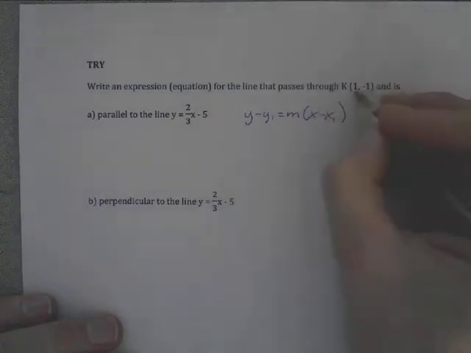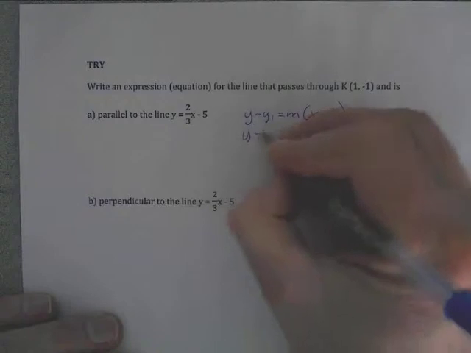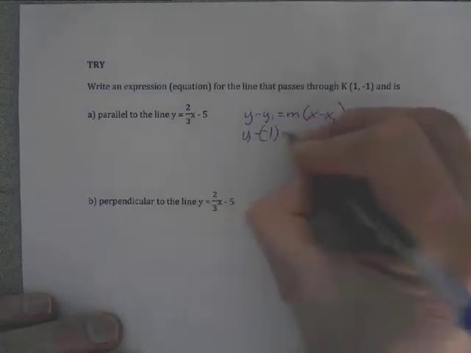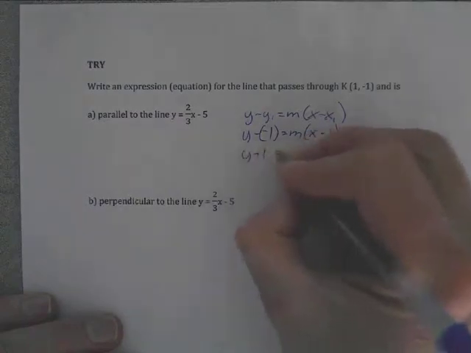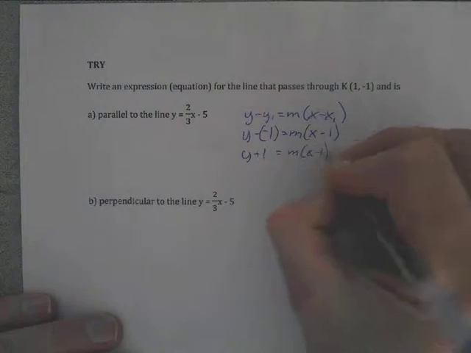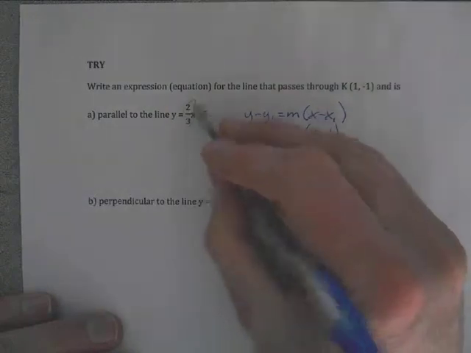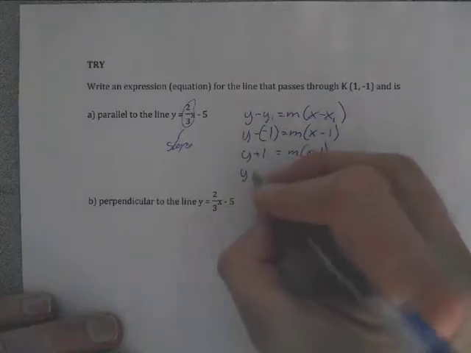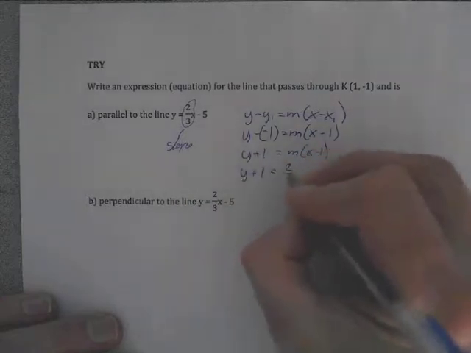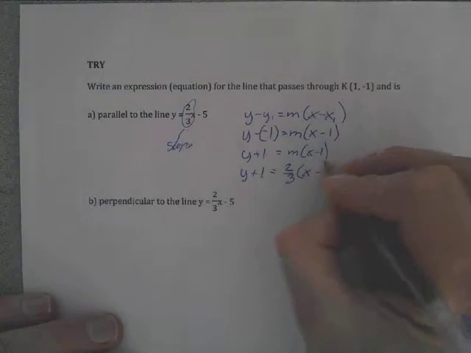They tell me the point is 1 and negative 1, so y minus negative 1 is equal to m times x minus 1. So I got y plus 1 is equal to m times x minus 1. The slope is right there. That's my slope, so I'm going to replace it in there. So y plus 1 is equal to 2 over 3 times x minus 1. There's my equation for that.